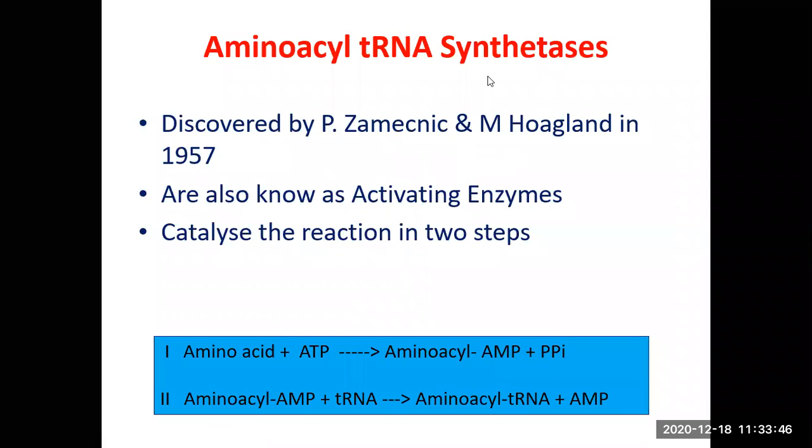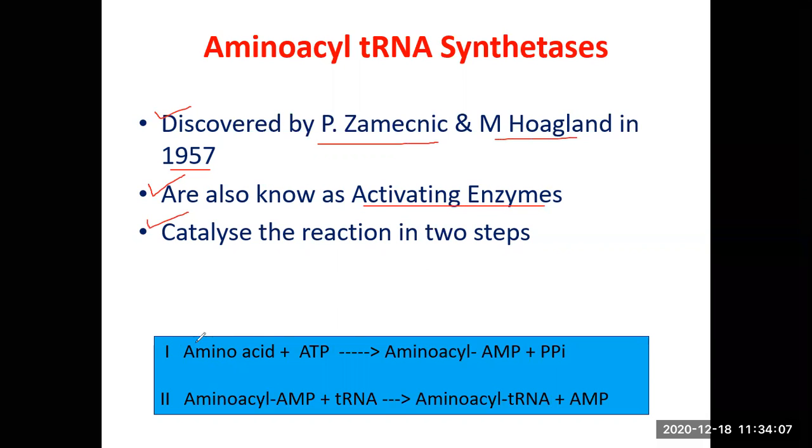These amino acid tRNA synthetases were discovered by P. Zamecnik and M. Hoagland back in 1957. They are also referred to as activating enzymes, and they catalyze the reaction in 2 steps shown here.